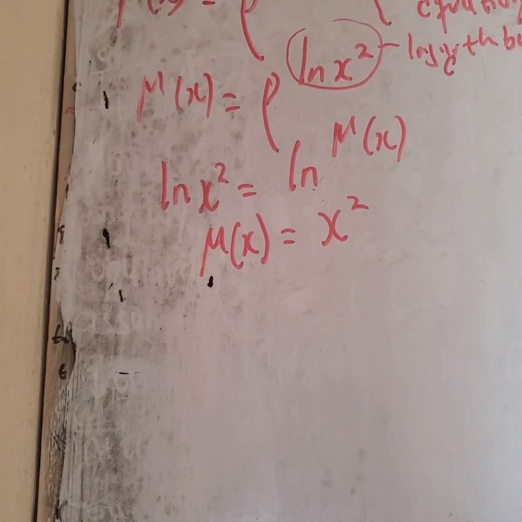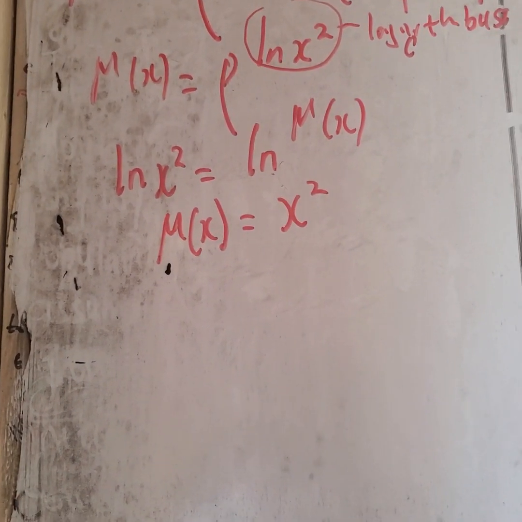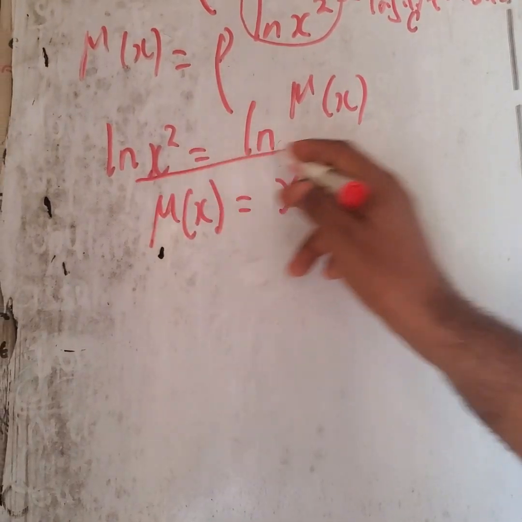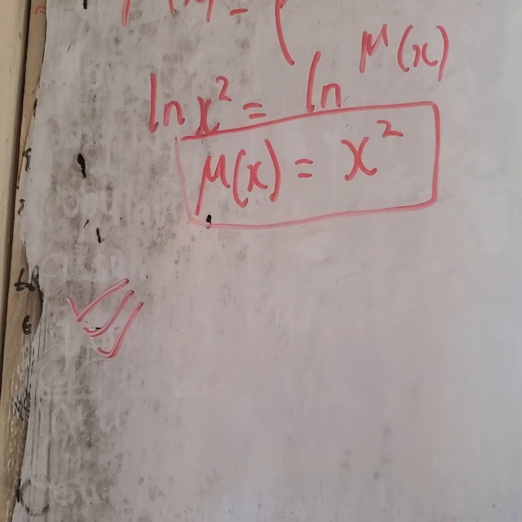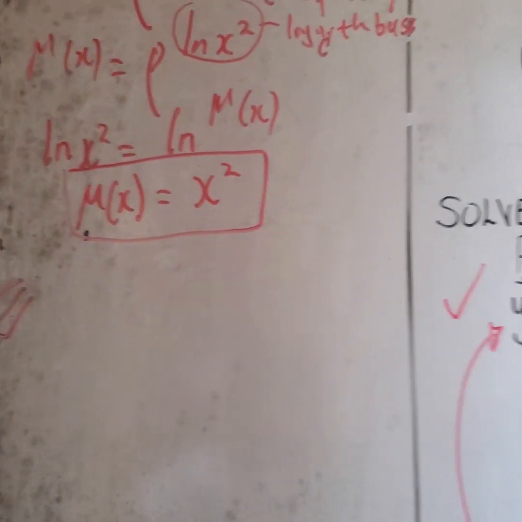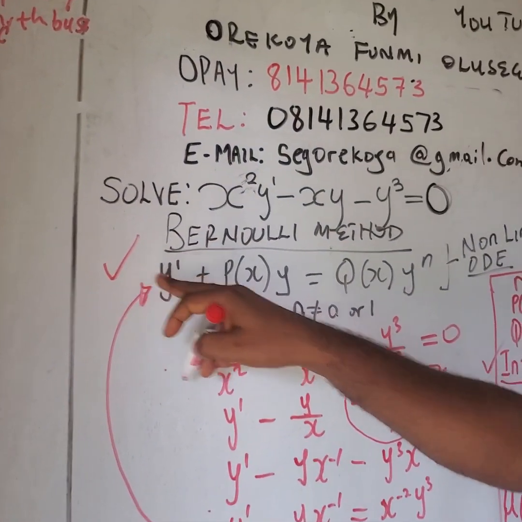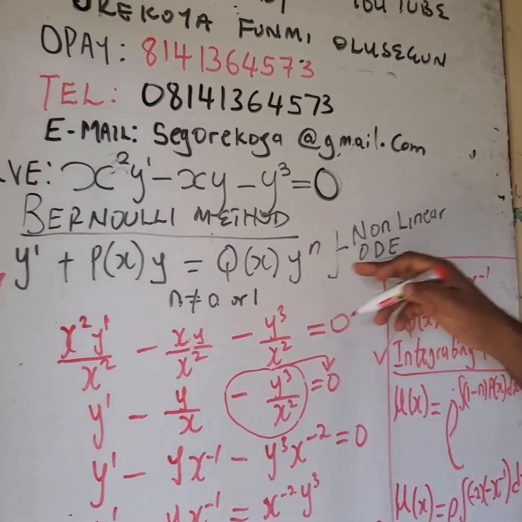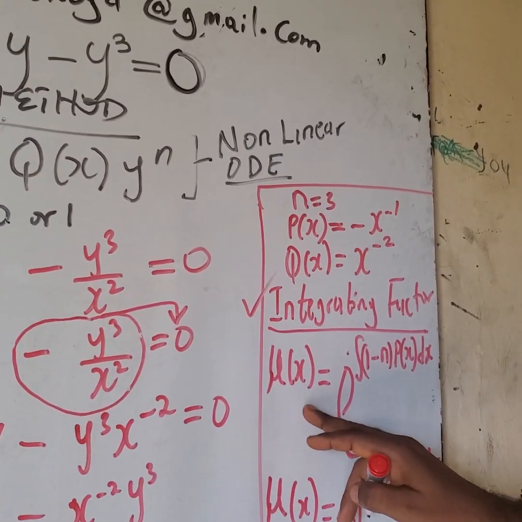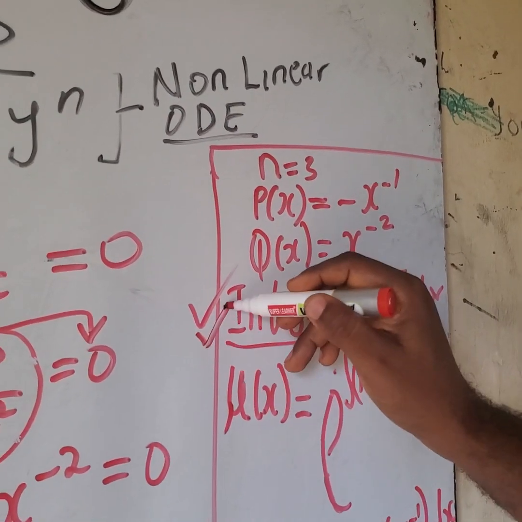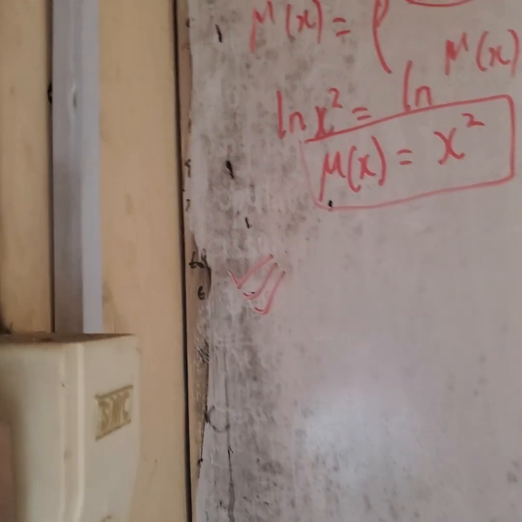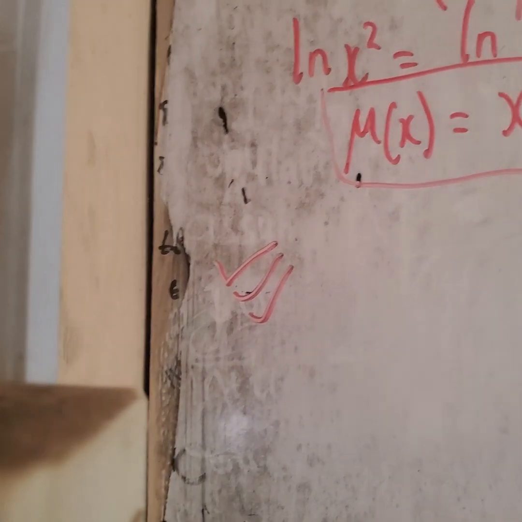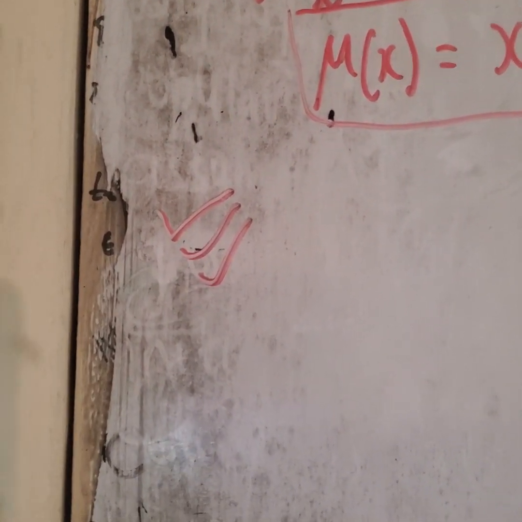Now, the next thing we are going to do is to state the next step in solving the Bernoulli equation. Please take note of this. This is the first thing that you must remember, and this is the second, the integrating factor that I've stated here. Number 3 is to state the expression for the solution.